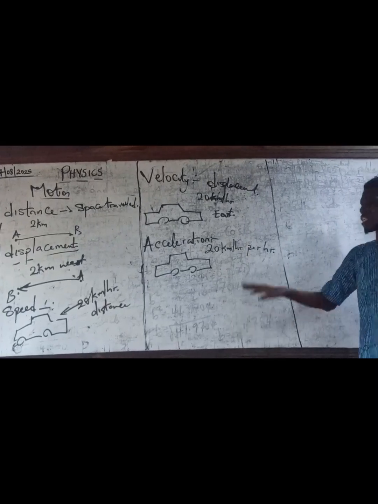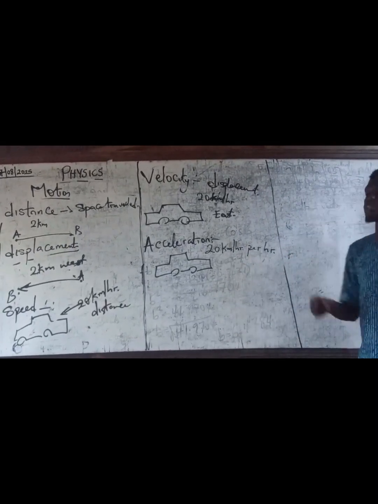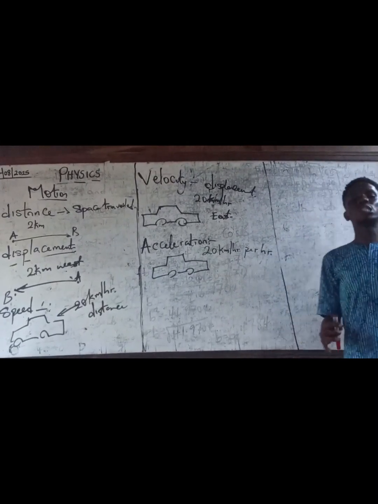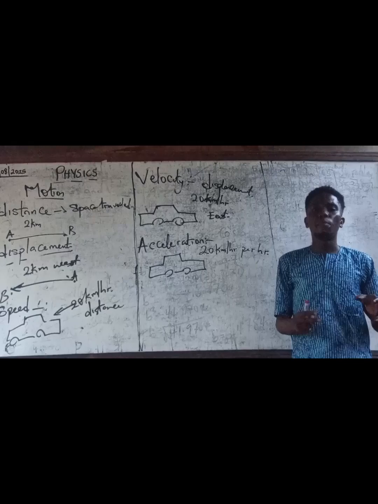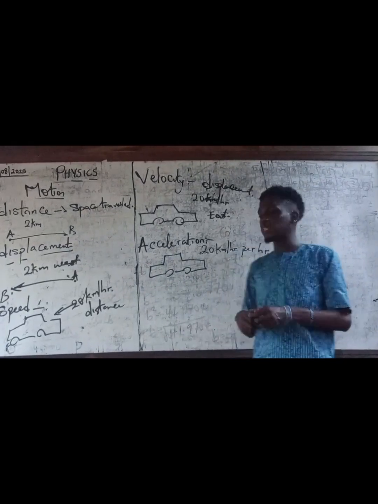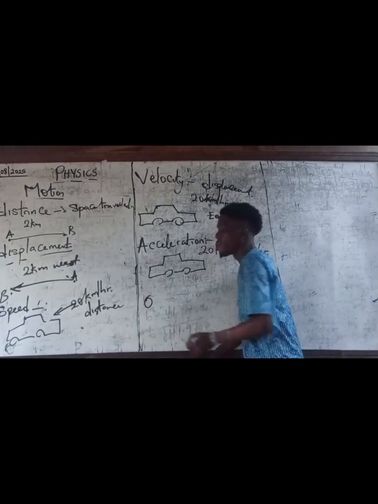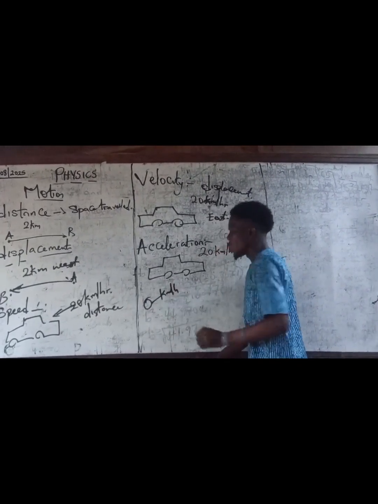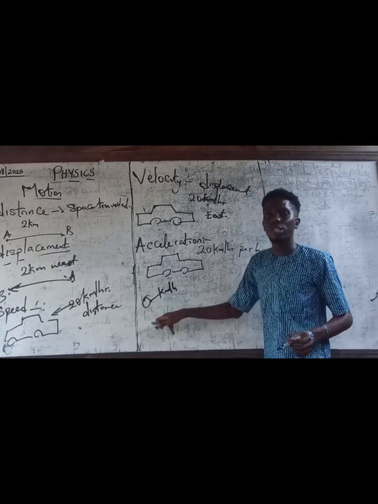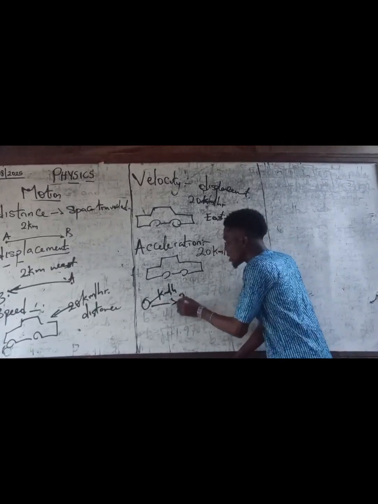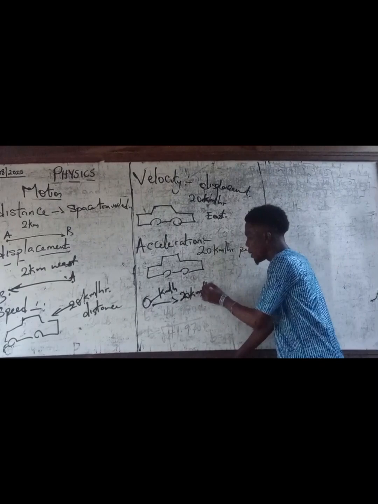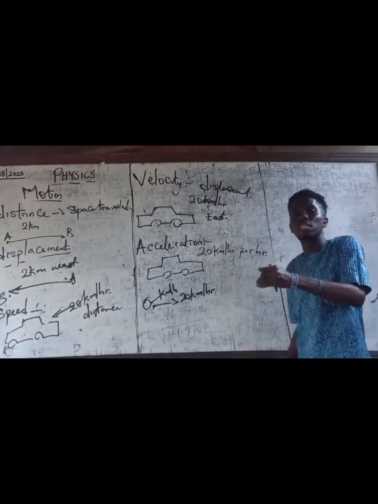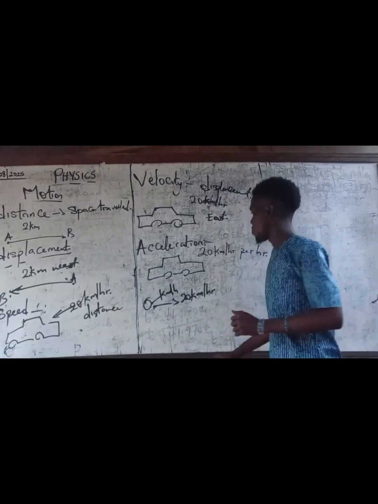So this tells you that the velocity of that car changes by 20 km per hour every hour. If the car starts from rest, that is 0 km per hour, it changes from 0 to 20 km per hour in 1 hour.